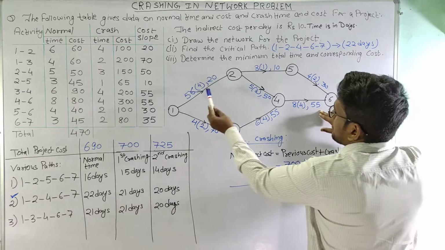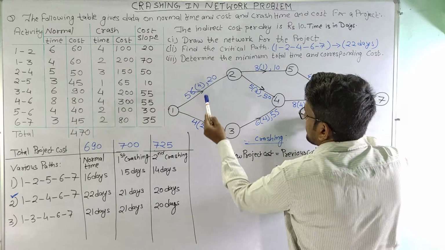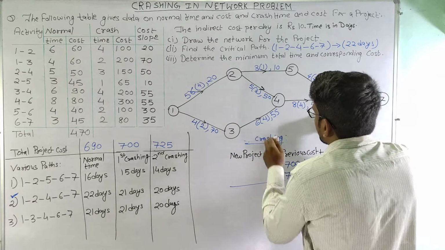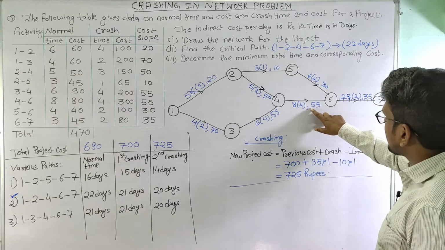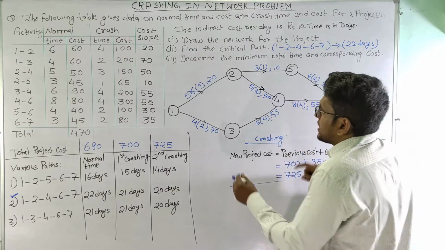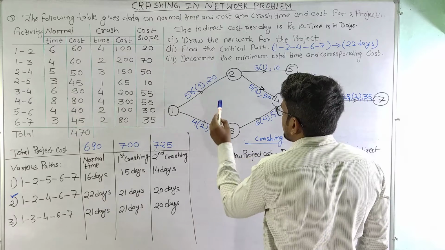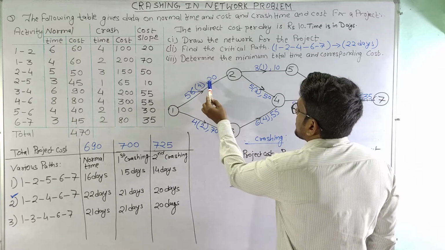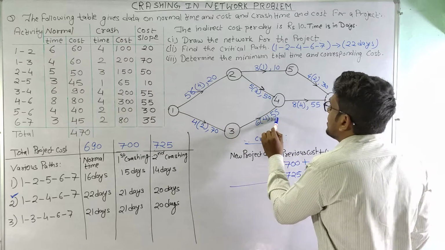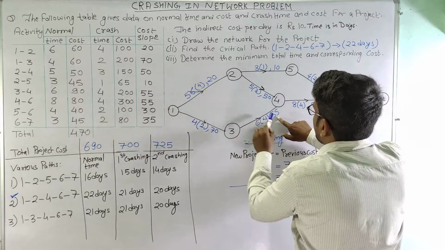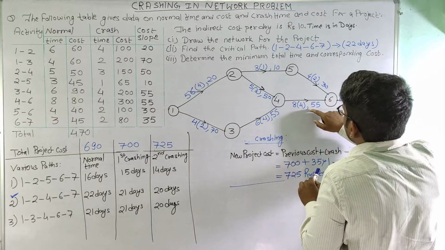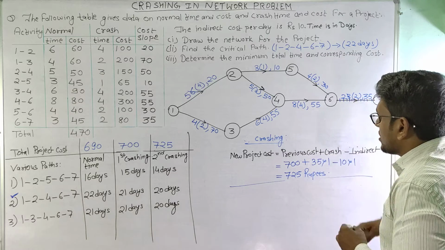But if we select any one of these activities, then we need to select the activities along with this for the other path. If we crash this activity, the crash cost is increased by 55, and if I crash this activity with this, it will be 20 plus 55 equal to 75. So our crash cost is 75 if we crash these activities together, and here it is 55.